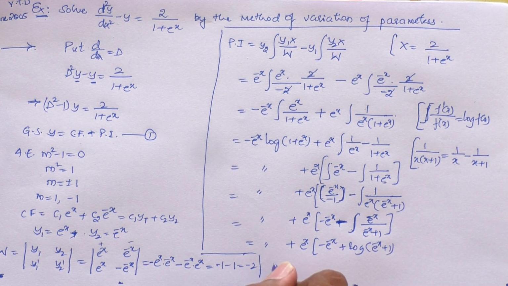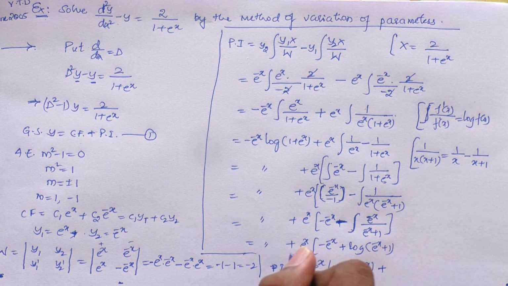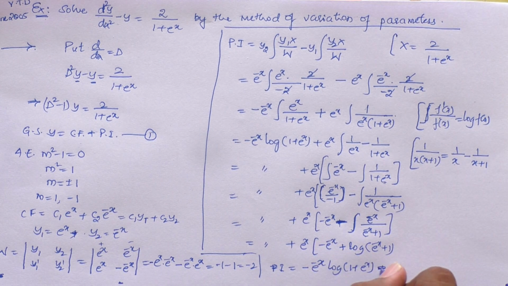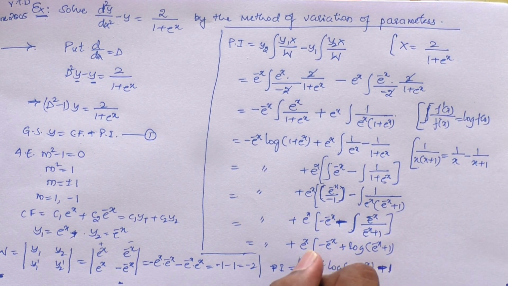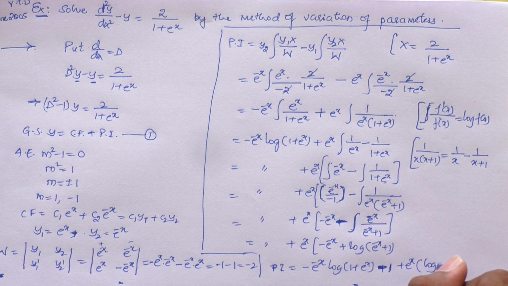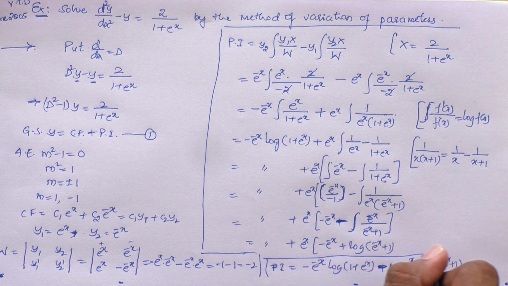So finally we can write PI as first term as it is, minus e raised to minus x log of 1 plus e raised to x, plus e raised to x into e raised to minus x, multiply this one, e raised to 0 minus 1, so now multiply plus e raised to x into bracket log of e raised to minus x plus 1. So now this is what we get, PI.